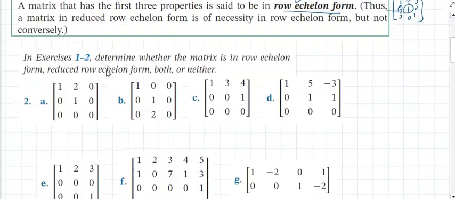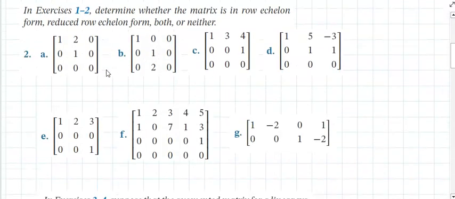So, if I look at example 2, it says determine whether the matrix is in row echelon form or reduced row echelon form. So I'm looking at A, I notice there's a 1 there, okay, and the zeros are all on the bottom.